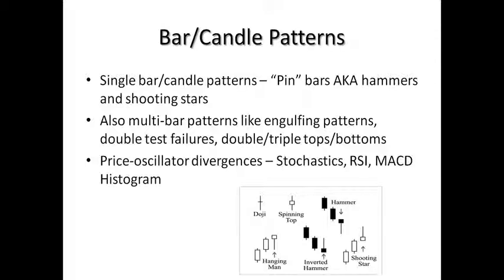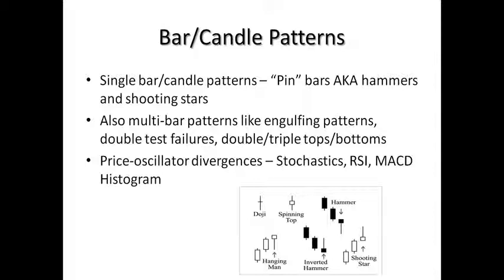So I'm primarily just going to be talking about regular divergence. And this, again, like the candle patterns, is simply a confirmation. I would not take a trade based upon a price oscillator divergence alone. I will take a trade because the price oscillator divergence is contributing to my decision to take that potentially high probability trading opportunity.